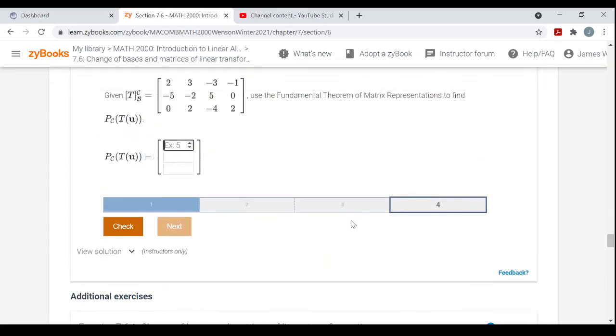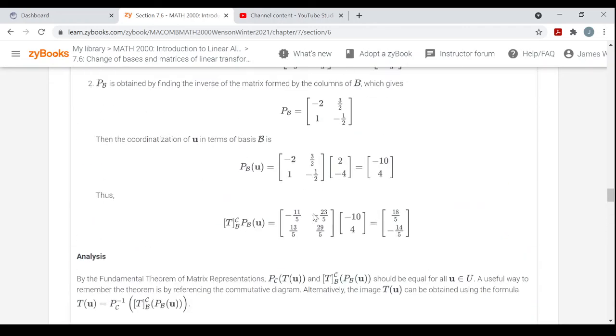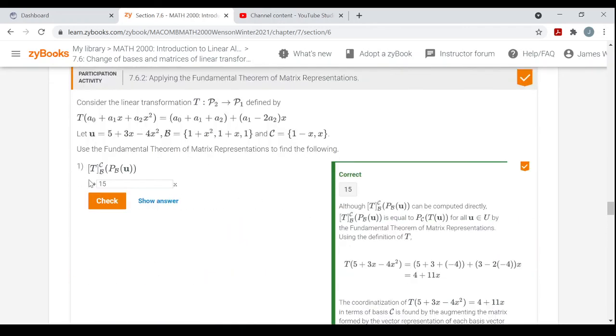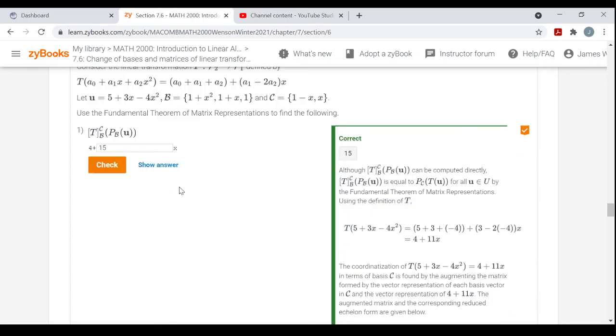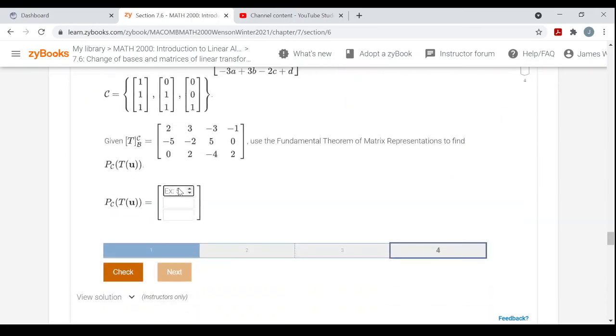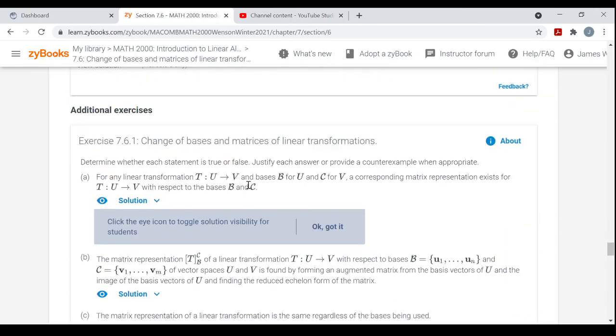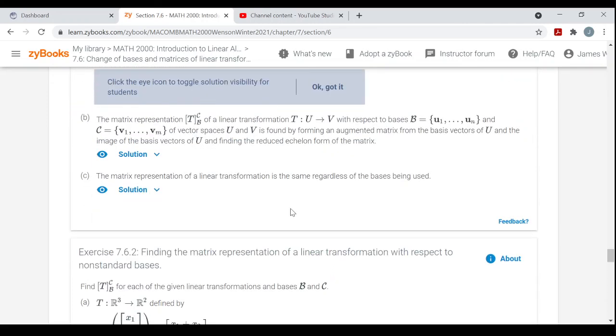I hope they're not doing what they did up here, where they had the coordinates in, but they should have had 4 of the first vector from C, 15 of the second vector from C. Hoping they're not doing that too much. And you can always look at the solutions. Please don't look at them right away, though. Try to work these out on your own before you do, because if you're just copying solutions and not trying, you're not going to learn anything.